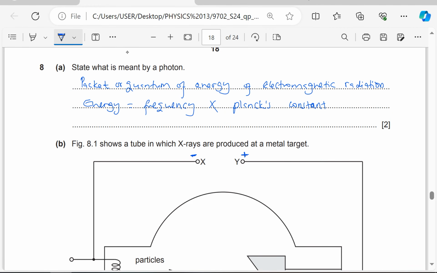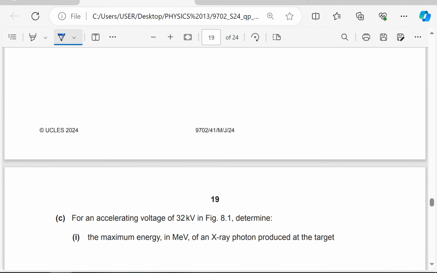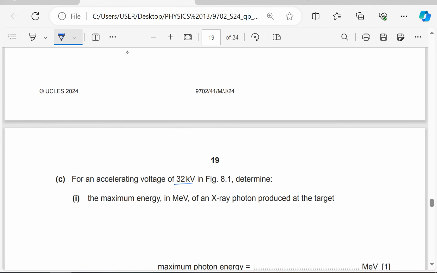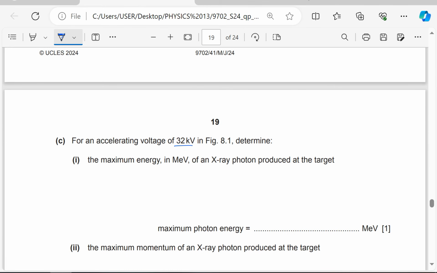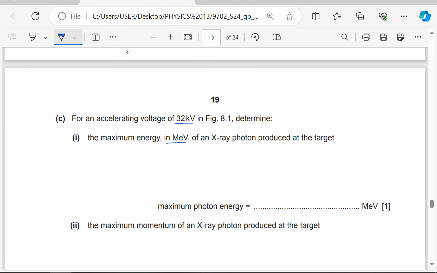Okay. Then for an accelerating voltage of 32 kilovolts in figure 8.1, determine the maximum energy in mega electron volts of an X-ray photon produced at the target. So of course we know that energy is going to be equal to the charge times the accelerating PD. The charge times accelerating PD.